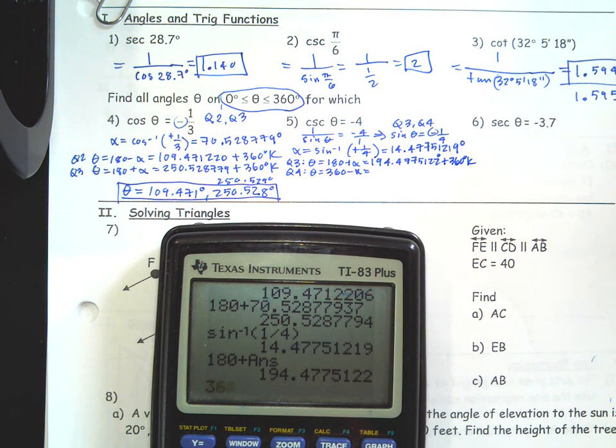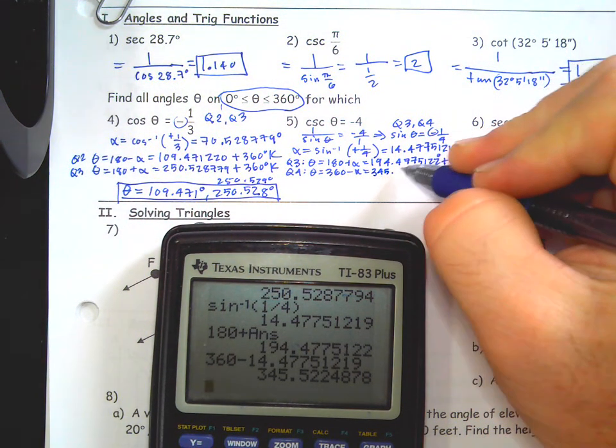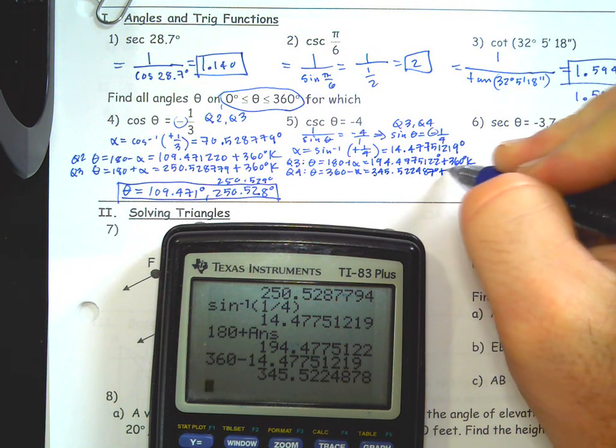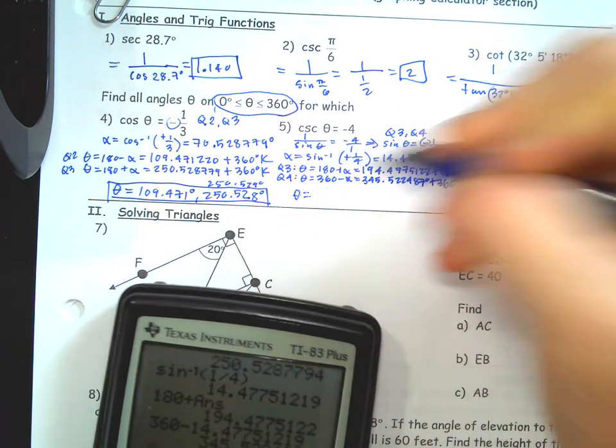And 360 minus 14.477512219 is 345.522487 plus 360k. I just want the answers between 0 and 360.